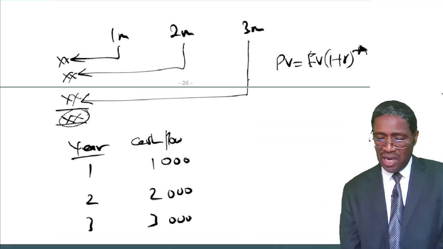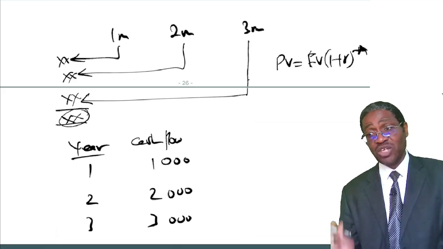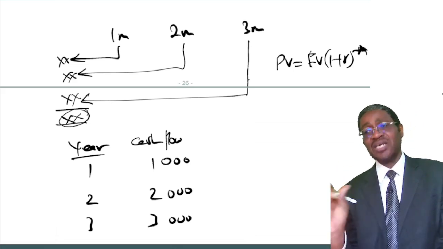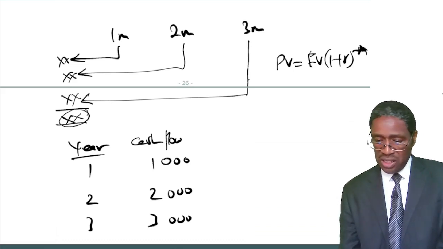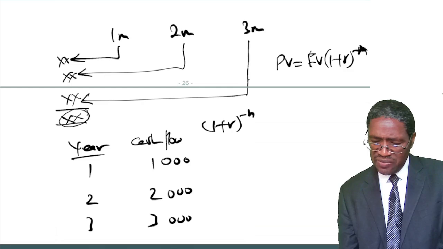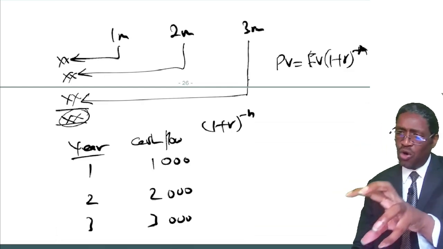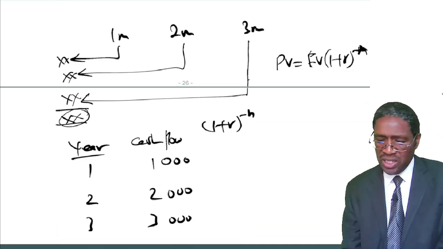Now, this figure, future value is 1 million. I want to multiply by 1 plus r to the power of negative n. This factor, 1 plus r to the power of negative n, represents what we call the present value interest factor.